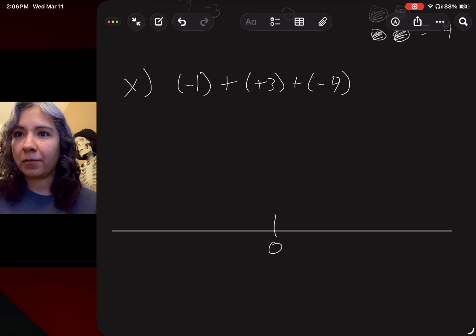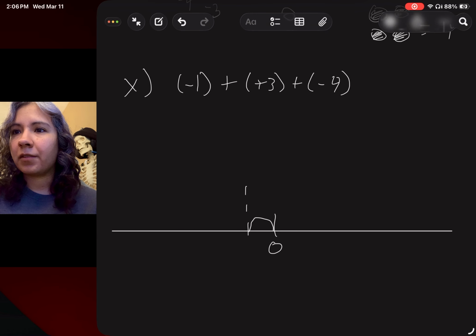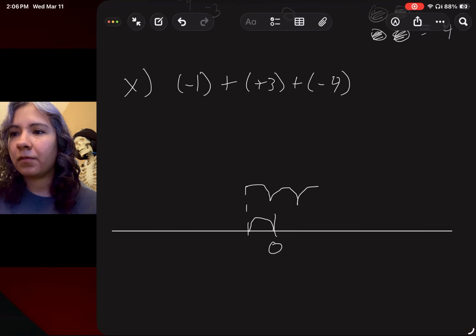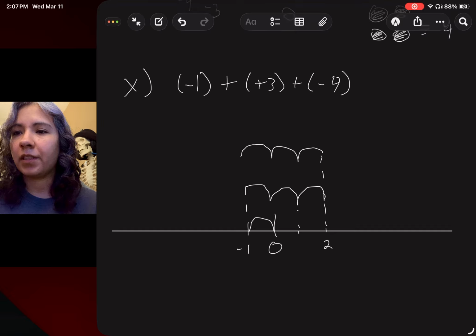So first, this tells us we're going in the negative direction, 1. So we are here, right? Now let's go in the positive direction, 3. So 1, 2, 3. So now we're at this number 2. Now we're going back in the negative direction. 1, 2, 3, 4, right?